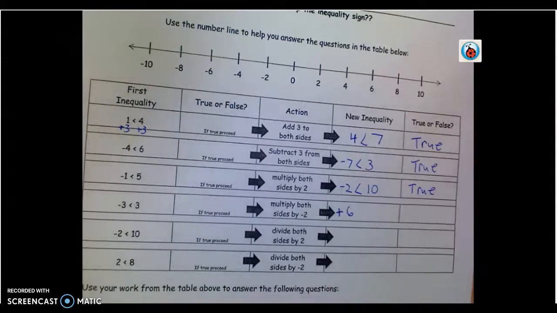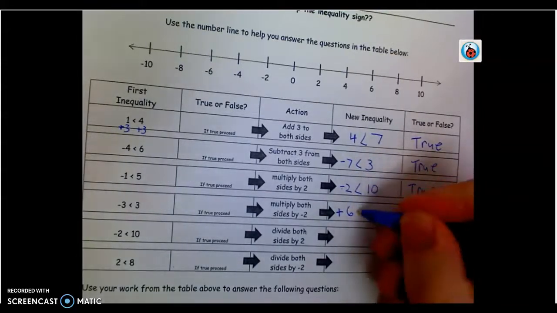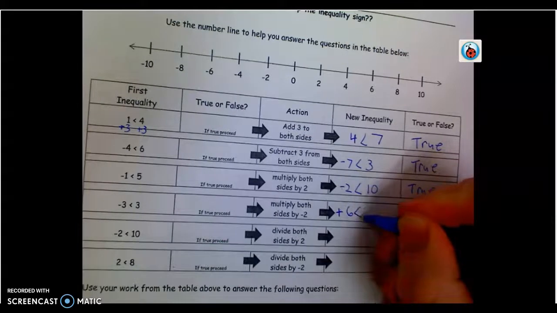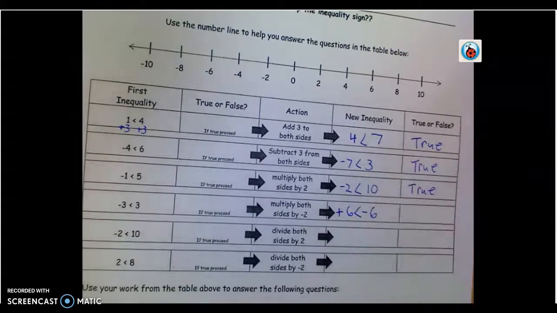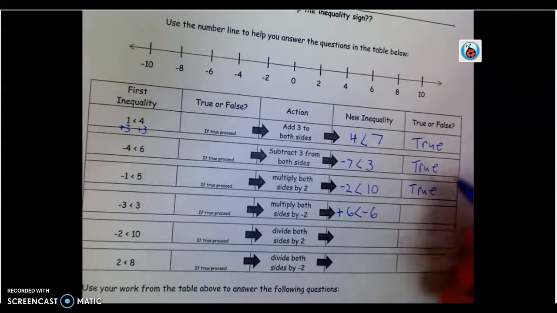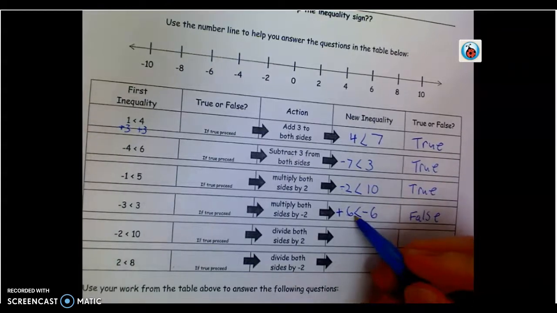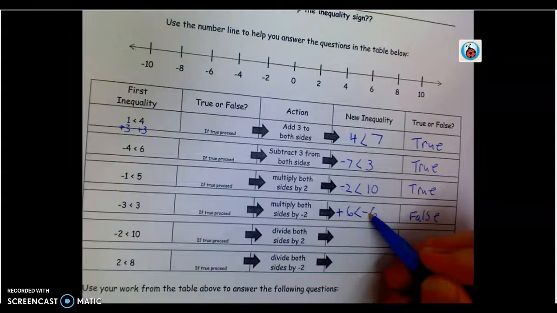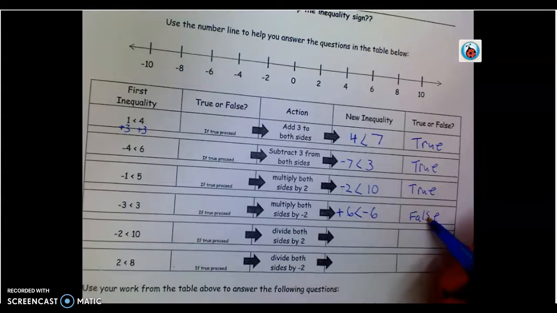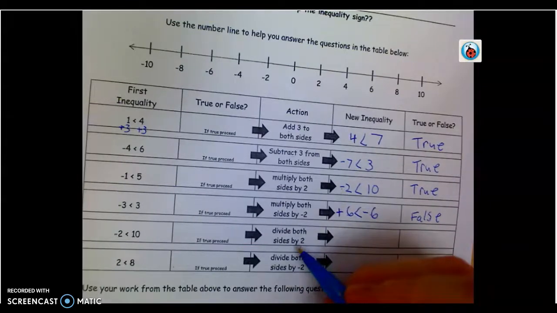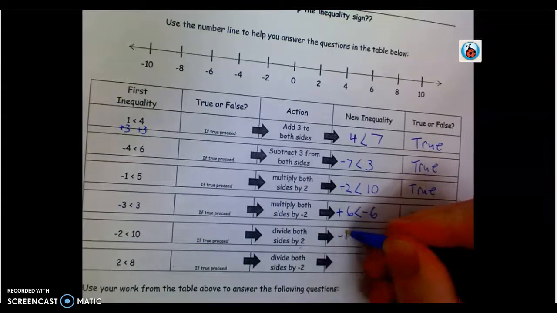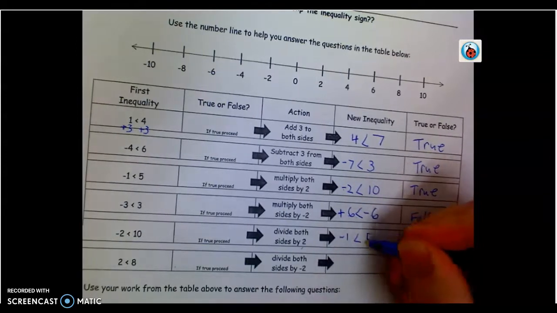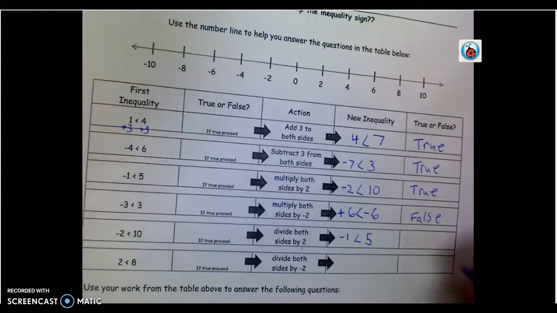Positive 6 is less than negative 6. That is false. 6 is not less than negative 6, so that inequality is no longer true. When we divide by 2, it becomes negative 1 is less than 5. That is true.